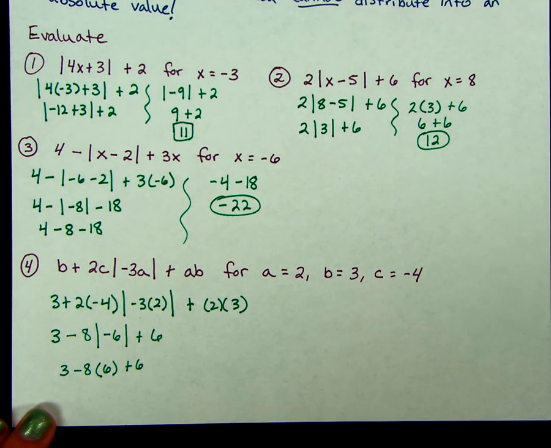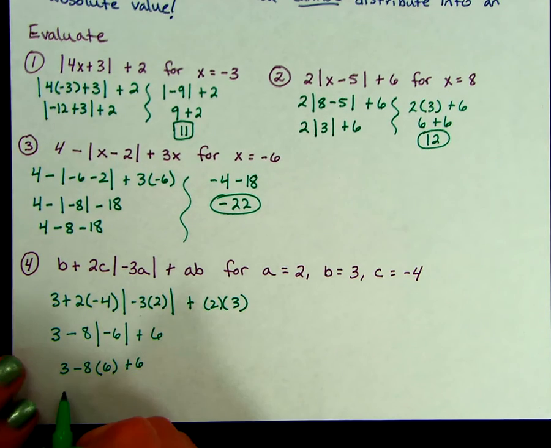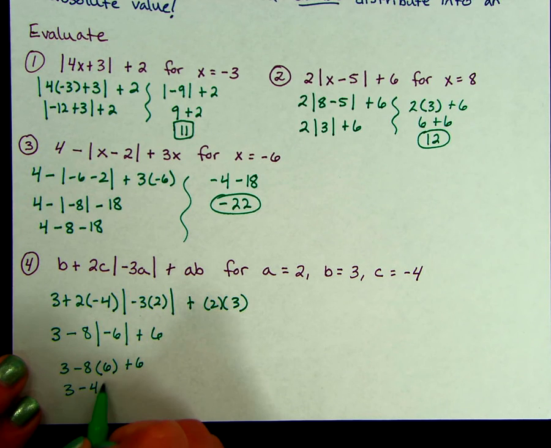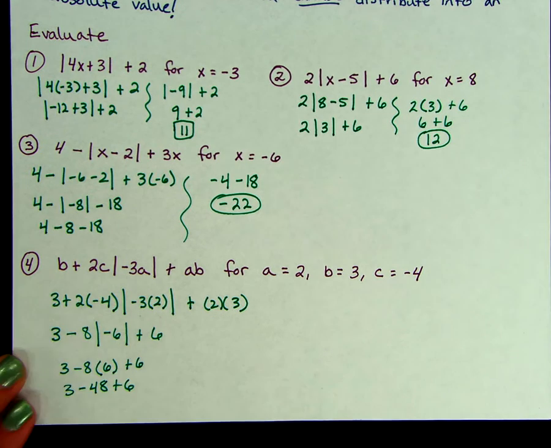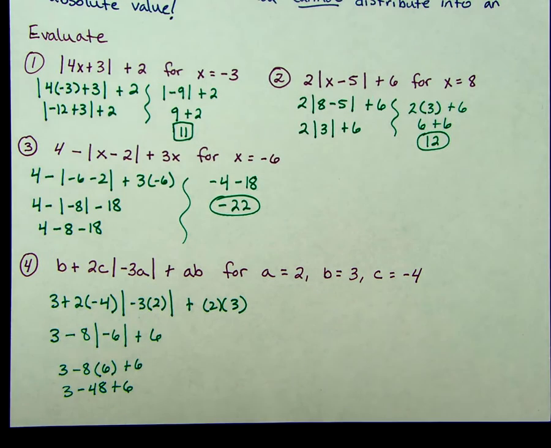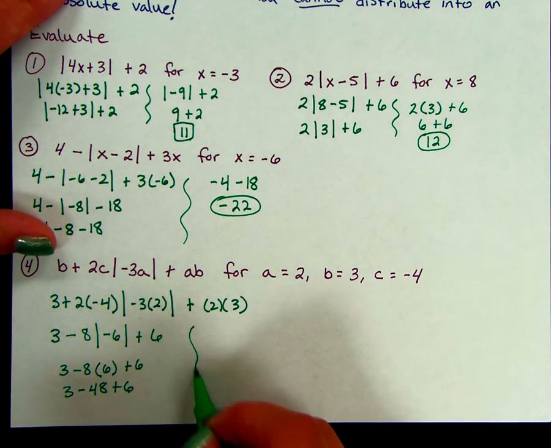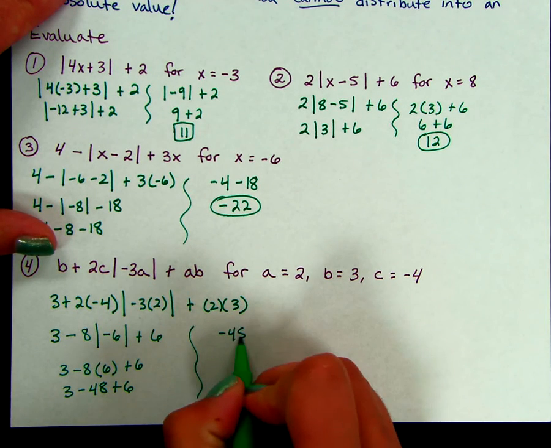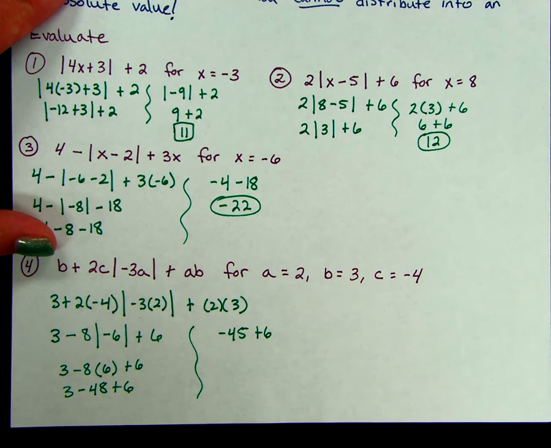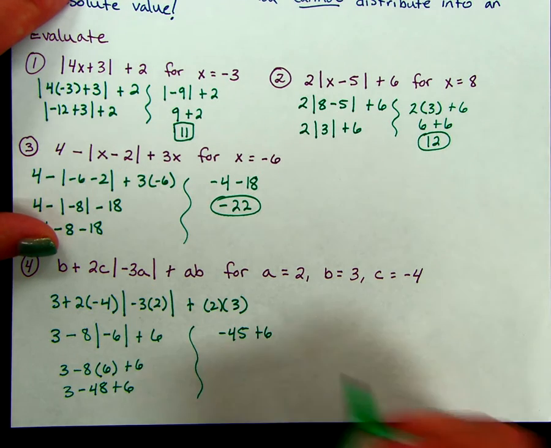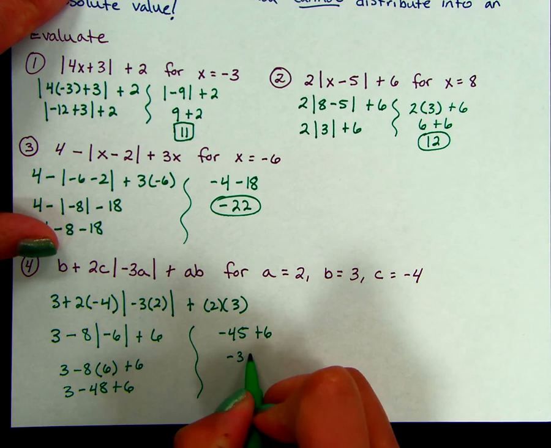So -8 times 6 is going to be -48. So 3 minus 48 plus 6. And then again from left to right, so now 3 minus 48 is going to be -45. So -45 plus 6. So if we combine those together, our final answer is going to be -39.